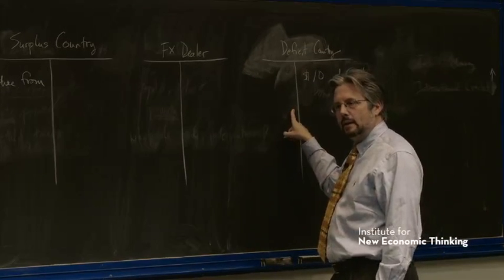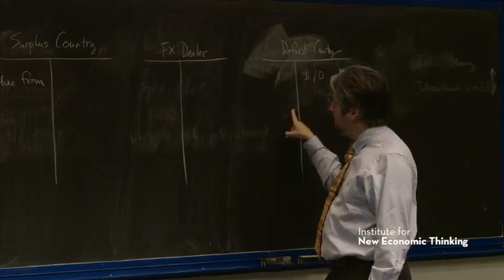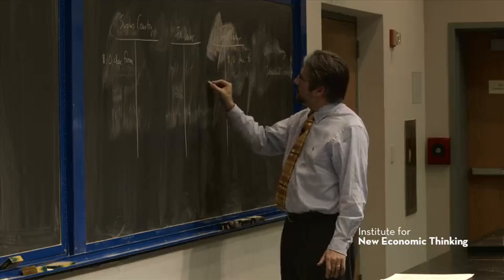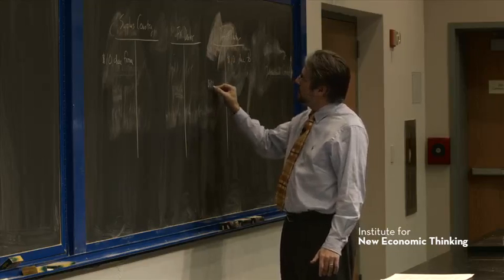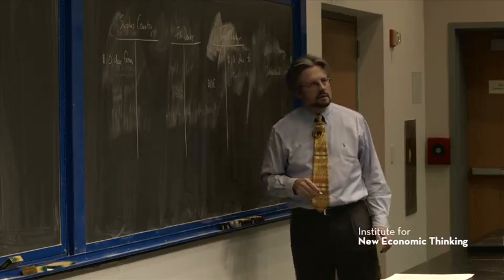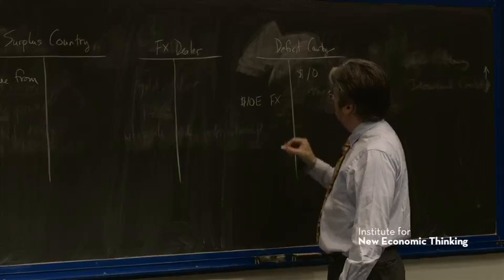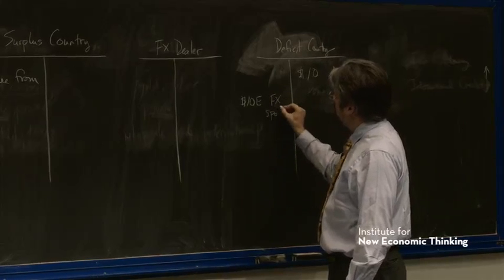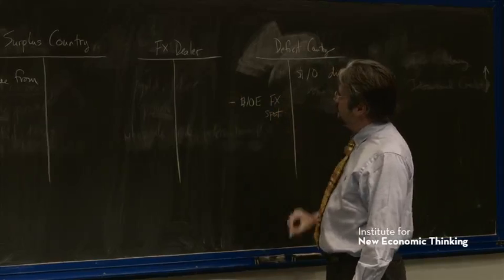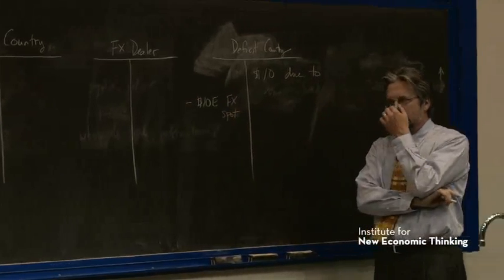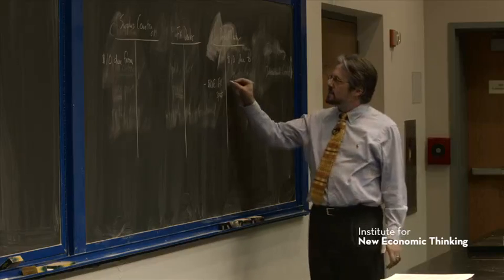That's the whole idea here. So what this guy does, he takes $10 times the exchange rate, E, so that's how much of the foreign exchange, and he sells that, so that's a minus, in order to make this payment.